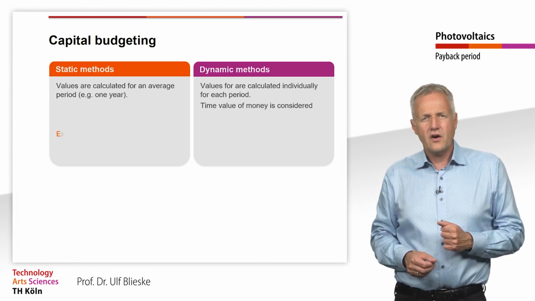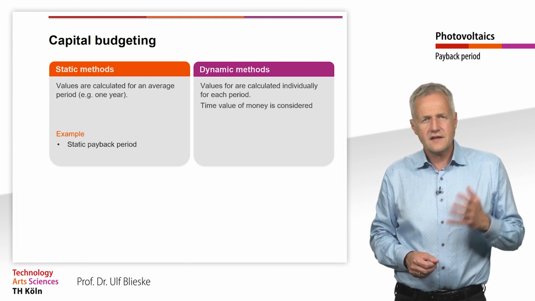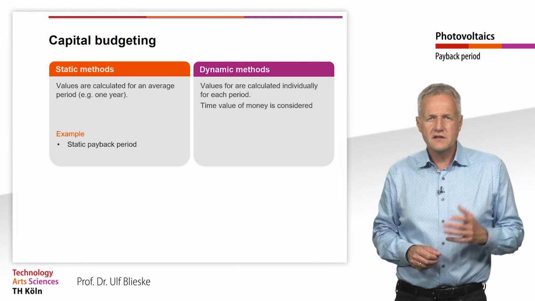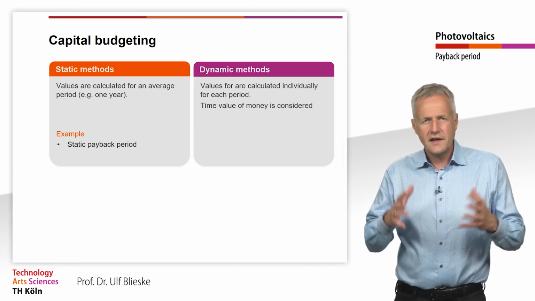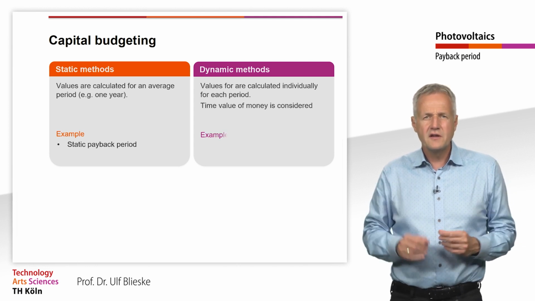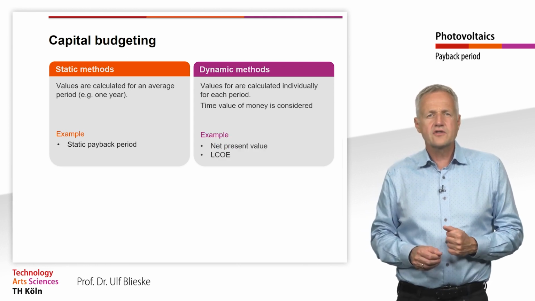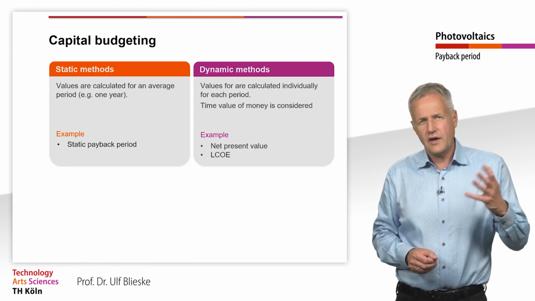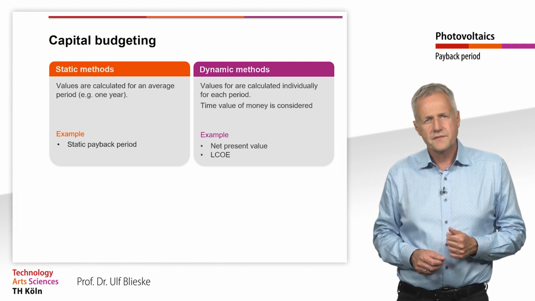An example of a static method is the static payback period, which we'll look at in more detail in this teaching unit. Later, we'll also look at various dynamic methods and parameters, for example, the net present value method or the cost of electricity or levelized cost of electricity.